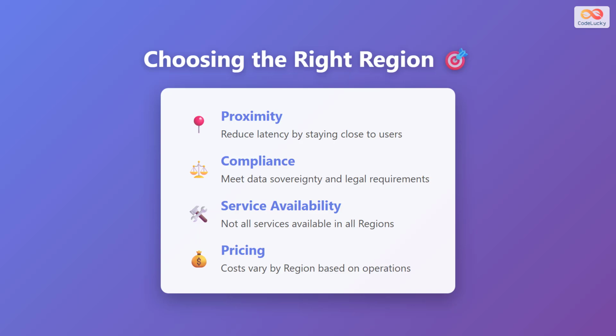Third is service availability. Not all AWS services are available in every region, so verify that the services you need are supported in your chosen location. Finally, consider pricing. AWS costs vary by region based on local operational expenses, so pricing can influence your decision, especially for large deployments.